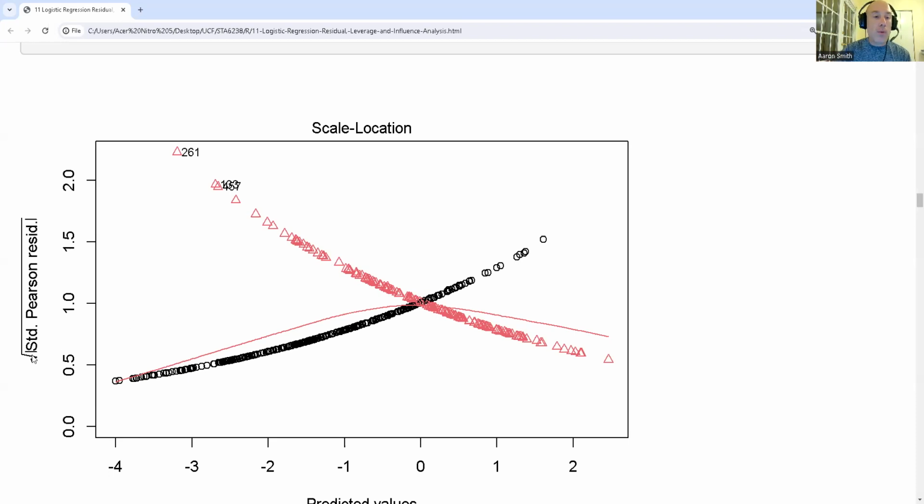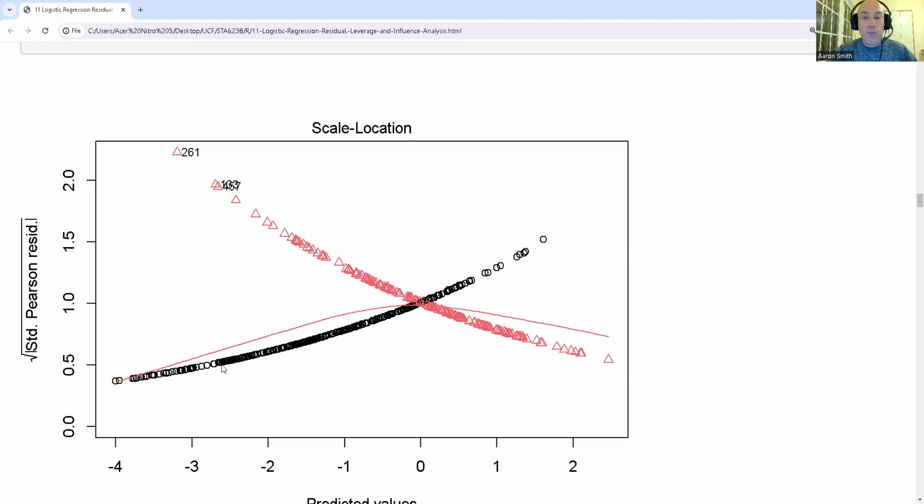Okay, and so then we're taking the absolute value here. The standardized Pearson residual would be like between -3 and 3, but then we hit it with a square root to make things a little bit easier to interpret. And the absolute value forces them onto the same region. They would be crossing if we did not take the absolute value here.